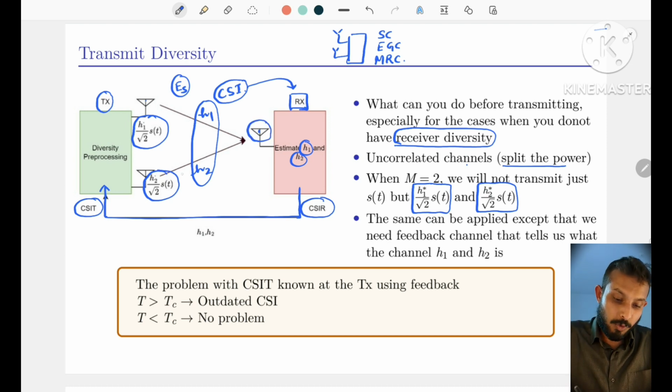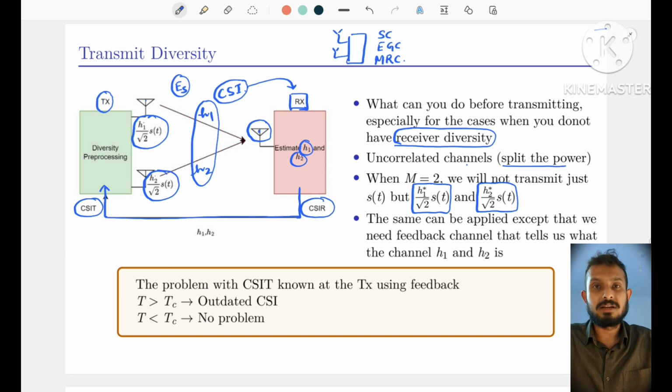So once you have estimated the channel, you can apply optimal combining or you can apply co-phasing, just like we have discussed in the receiver diversity. And the same is also valid for transmit diversity, provided that we have a feedback coming from the receiver about the channel state information.